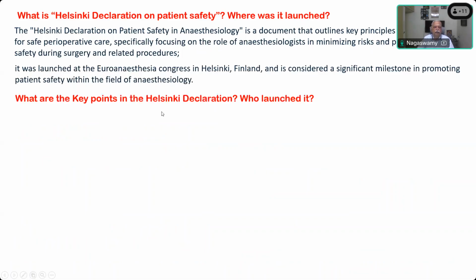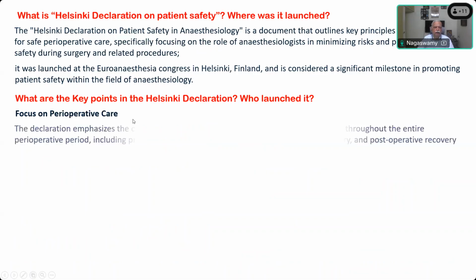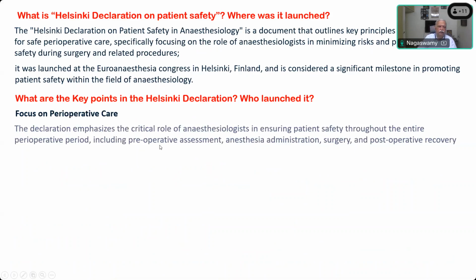The key points in the Helsinki Declaration, and who launched it. The focus on perioperative care is the first key point. The declaration emphasizes the critical role of anesthesiologists in ensuring patient safety throughout the entire perioperative period, including preoperative assessment, anesthesia administration, surgery, and postoperative recovery. Second, implementation of standards.